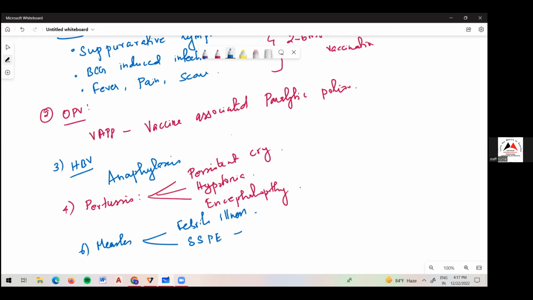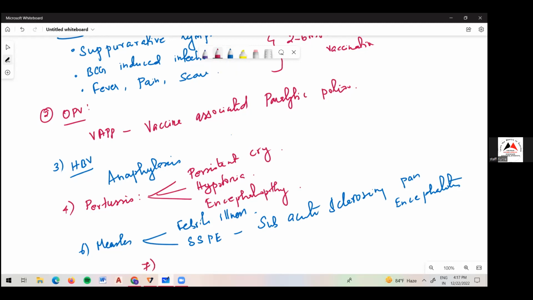What does SSPE mean? Subacute sclerosing panencephalitis. This occurs due to measles vaccination. Measles vaccination causes SSPE.